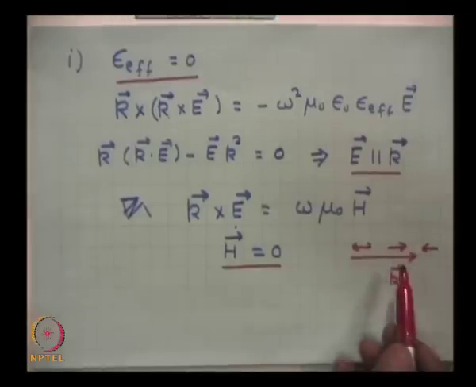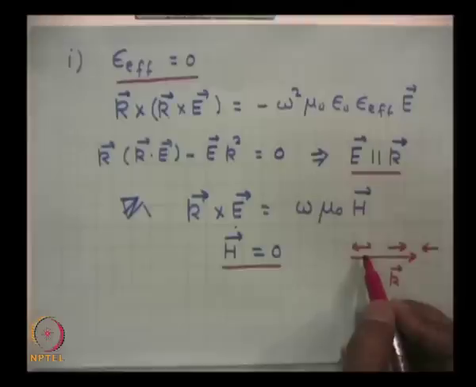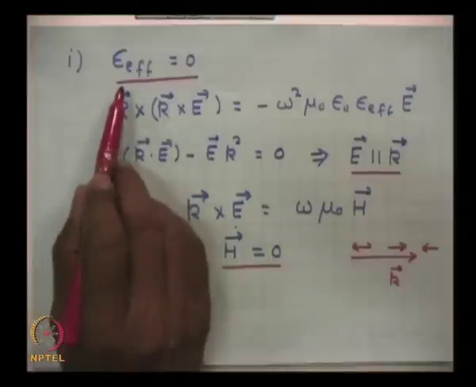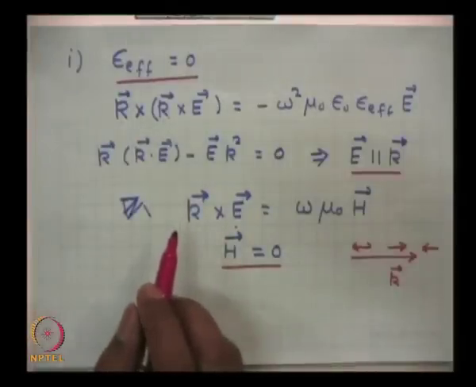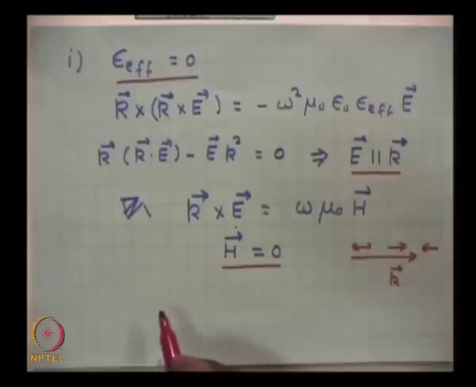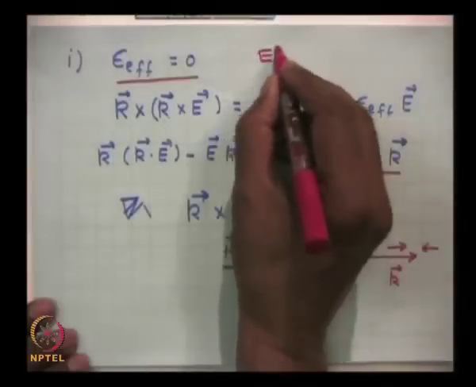So, these electrons will be compressed somewhere, they will be rarefied somewhere. This gives rise to space charge oscillations or density oscillations. So, these waves are also known as density oscillations or propagating density perturbations. They are given a name, electrostatic waves.